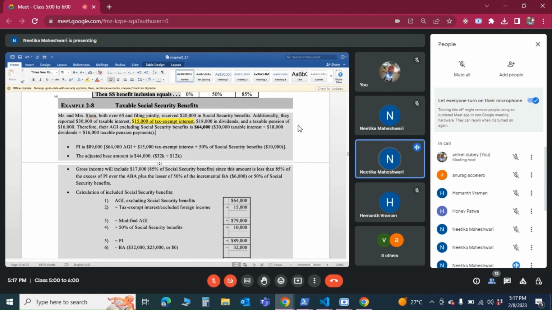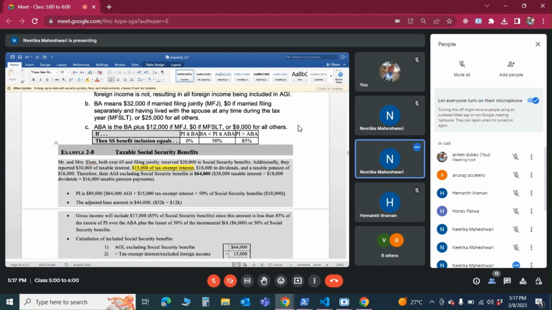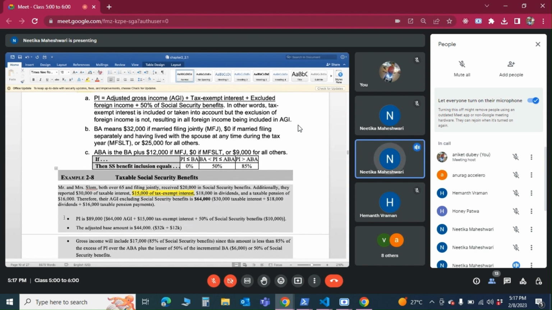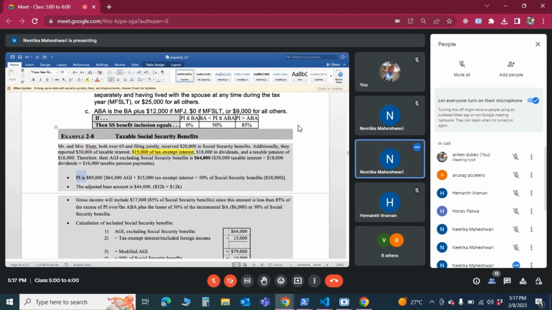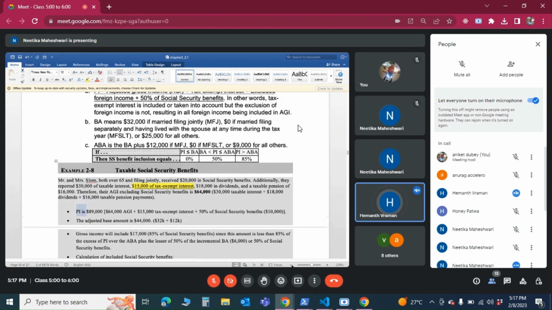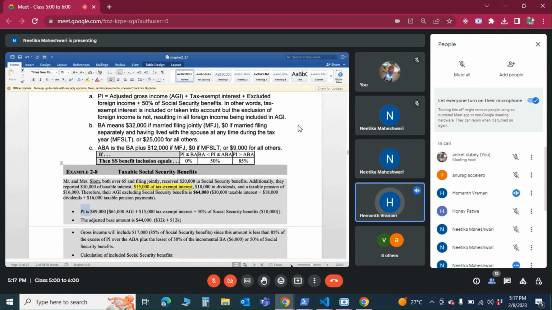Okay, so now we are going to calculate PI. How do we do that? AGI plus tax-exempt interest plus all these things plus 50% of benefits. Hemant, read, is that what they're doing here? PI is 89,000: 64,000 AGI plus 15,000 as tax-exempt interest and plus 50% of social security benefits of 10K.